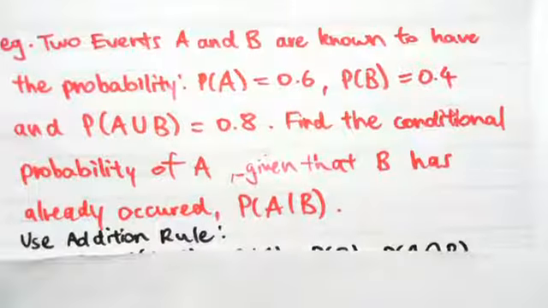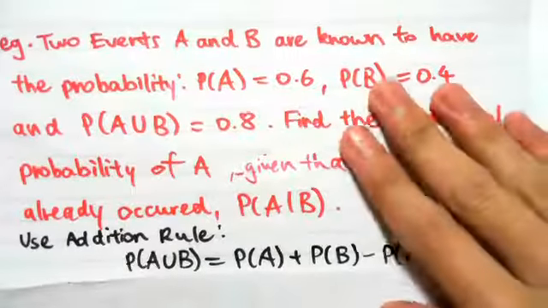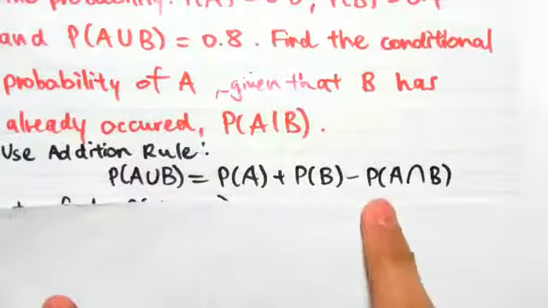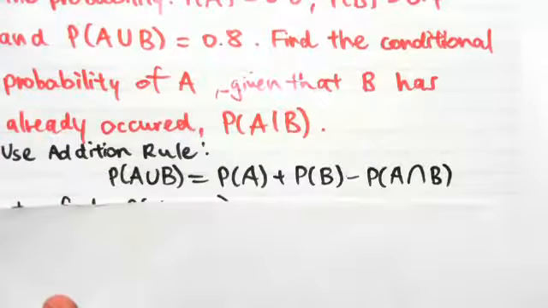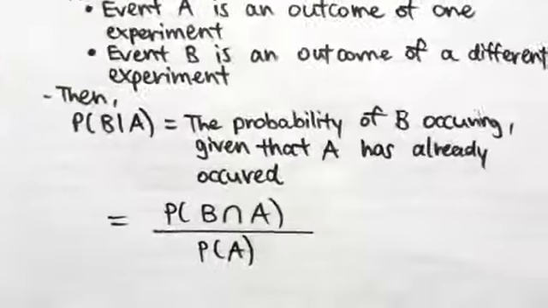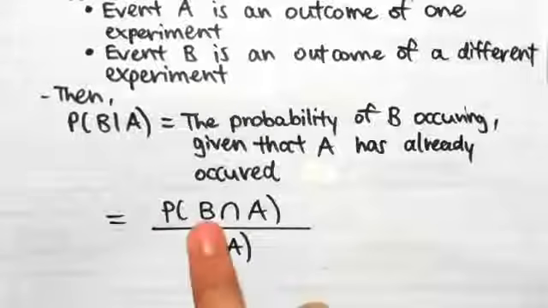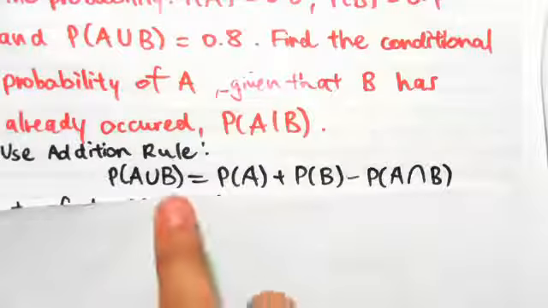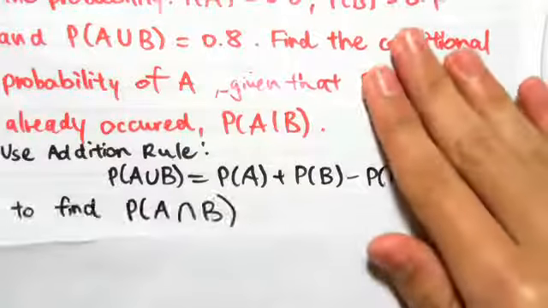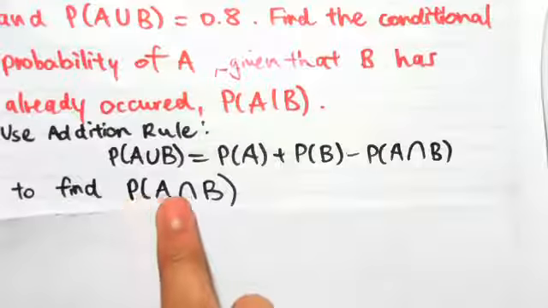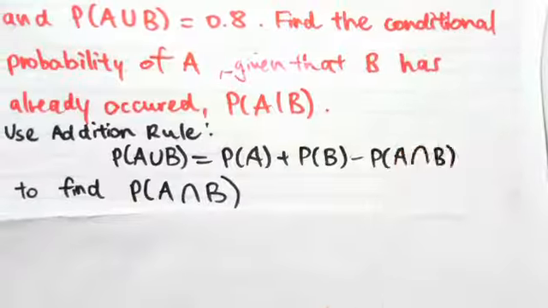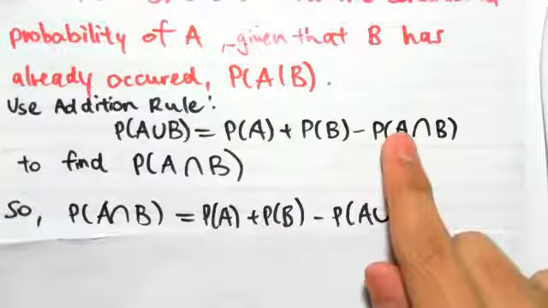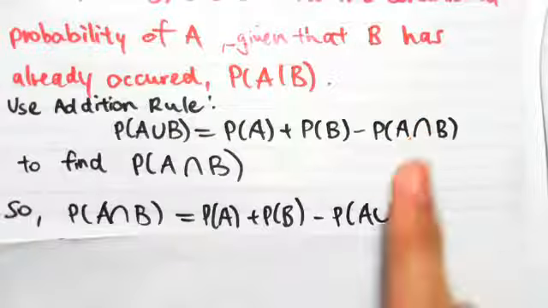So to find this, we need to start with the addition rule. This is something that we talked about in the last video. The reason why we need to use this is because, remember, the conditional probability is dependent on the probability of the intersection. And this is what the addition rule has. So what we need to do is find the probability of A intersection B by rearranging this formula here, making this the subject, which is what I've done here.